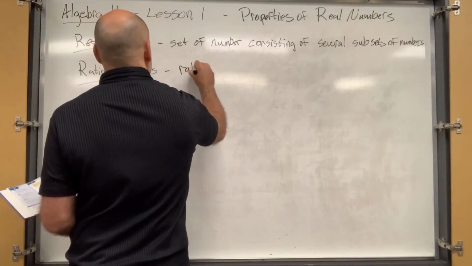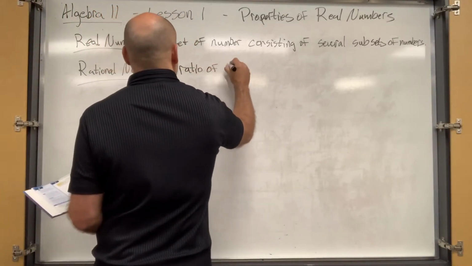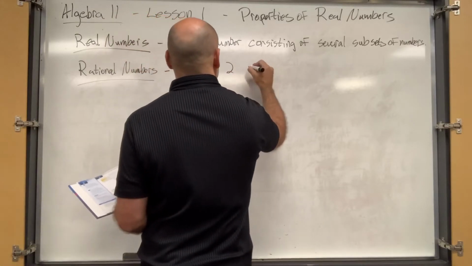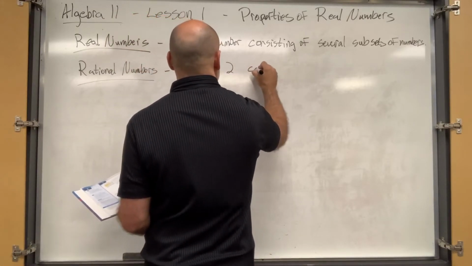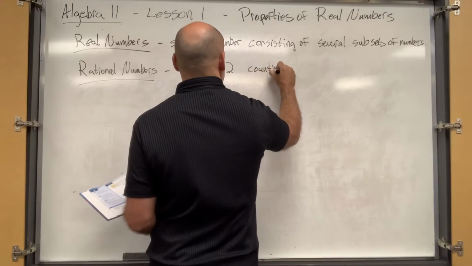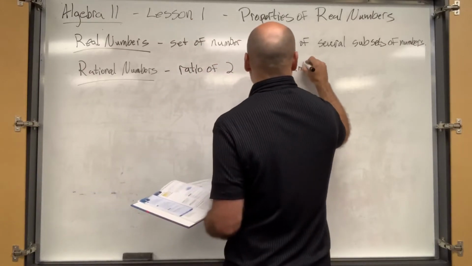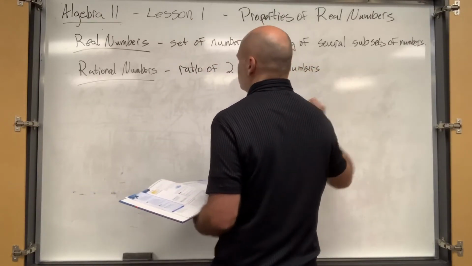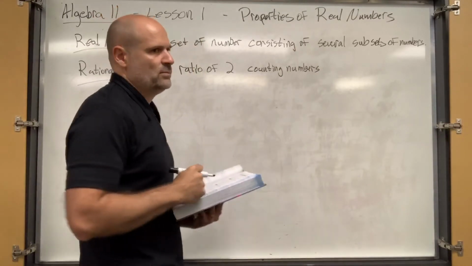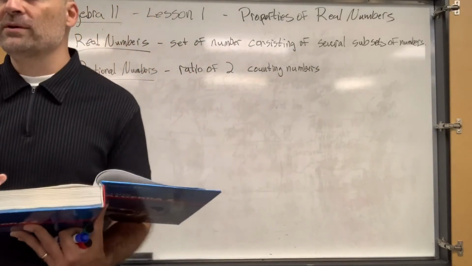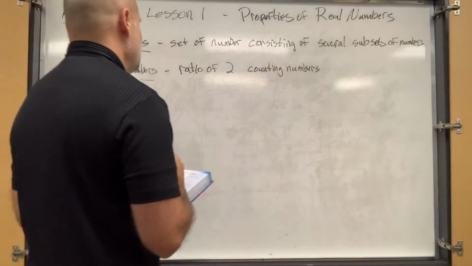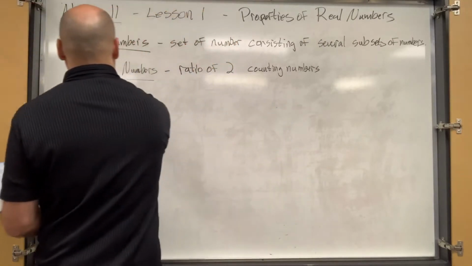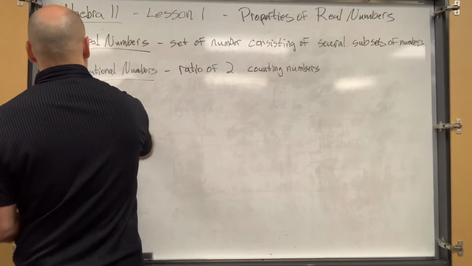So a ratio of two counting numbers. So 1/2, 1/4, even 1/3, even though it's a repeating decimal, it's still a rational number.